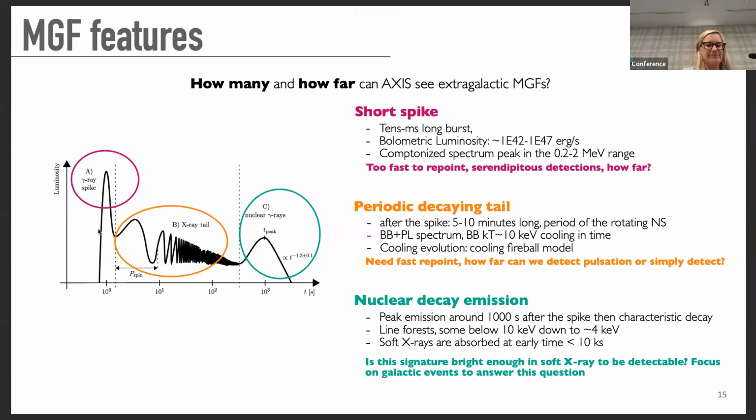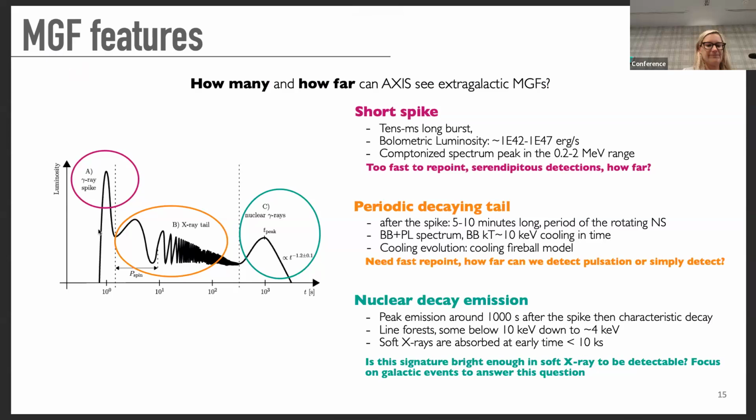Okay, so let's do this exercise. Short spikes. I've told you something about them. These are very fast, so too fast to repoint. So the question is, can AXIS detect them serendipitously in the field of view, pointing anywhere in the sky? And then we will go to periodic tails. These are longer, so it could be easier to follow up.